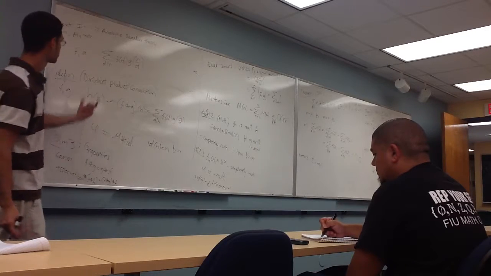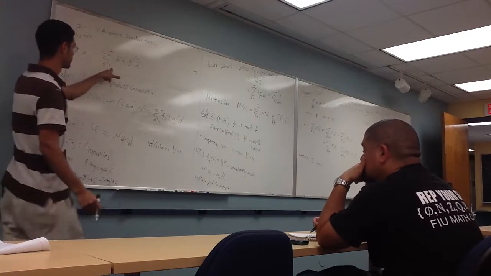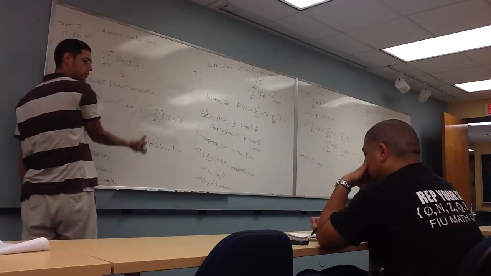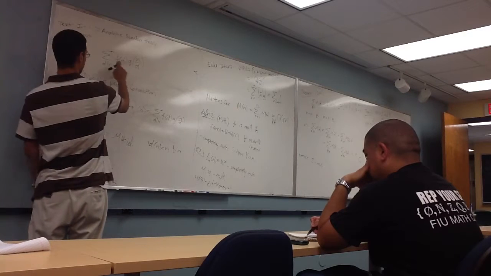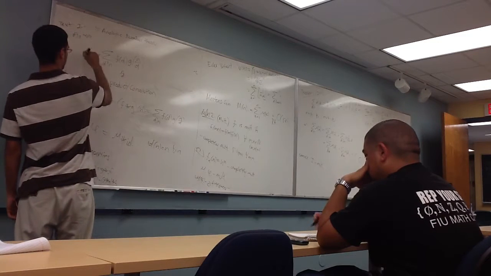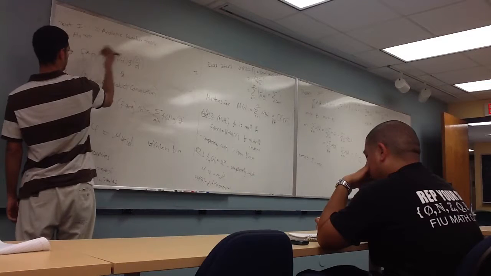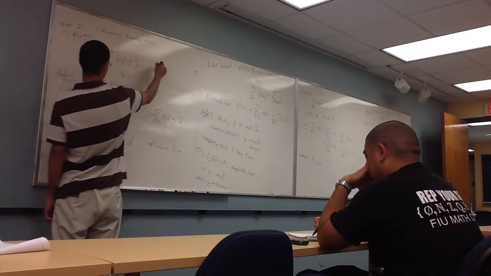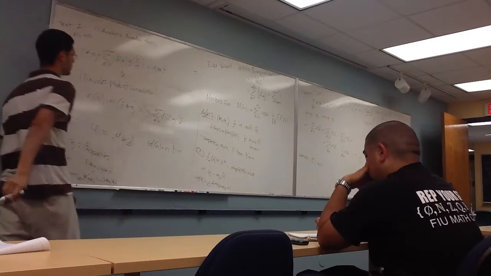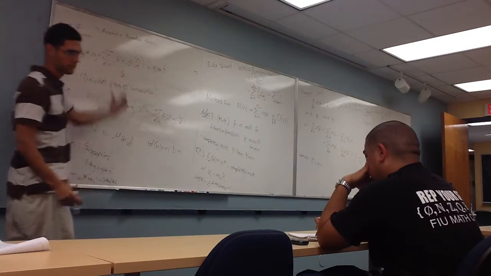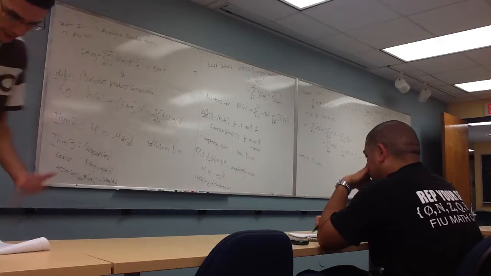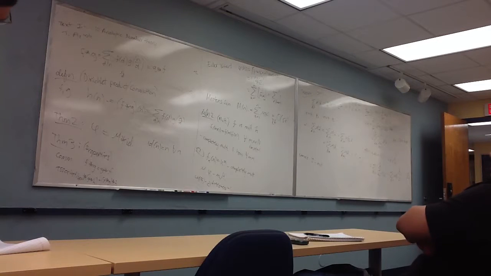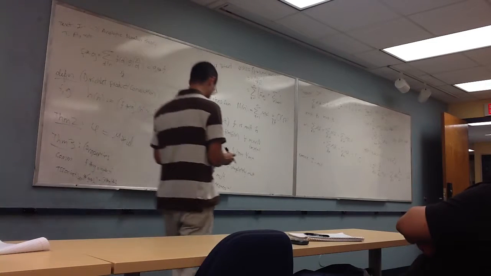You can see it's because it's symmetric. For every divisor d that divides n, n over d is also a divisor of n. So f convoluted g, if you rewrite it with the n over d's, is also g convoluted f. You just have to switch these guys, but it turns out to be the same exact sum. It's kind of like symmetric divisors. So now we go to inverse.